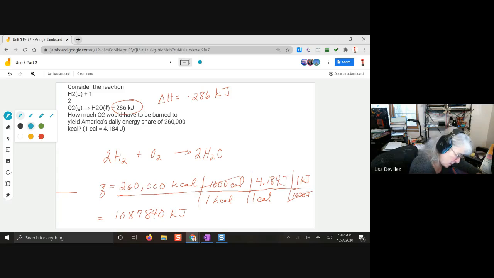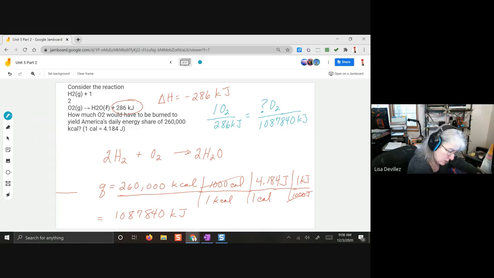All right, so then up here, I want oxygen. So 1 mole of oxygen gives me 286 kilojoules. And I want to know how many moles of oxygen will give me this many, 1,087,840 kilojoules.